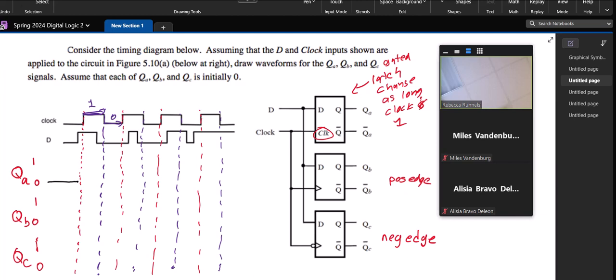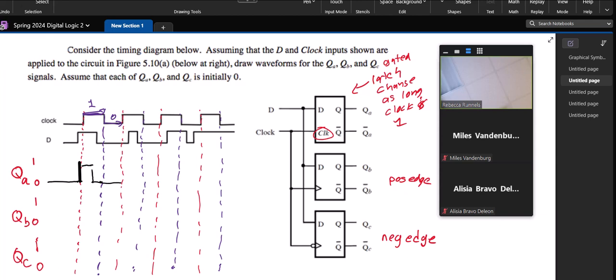So this top one can change not the entire clock cycle, just while it's 1. And because it's a D flip-flop, Q follows D. So Q is going to do exactly what D does. So when it gets to this positive edge, it can then change. It looks at D, it sees that D is 1, so it becomes 1. And then while the clock is still high, D goes back down to 0, and so does Q.